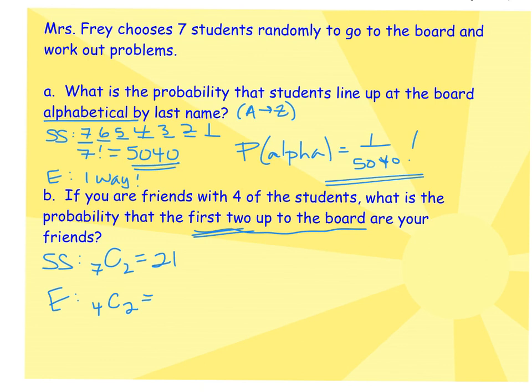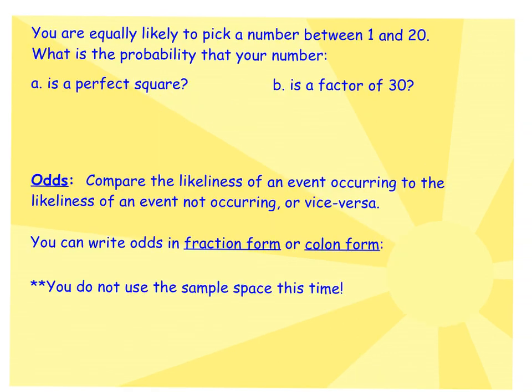And that number is smaller because they're smaller n value. There's only 6 groups of 2 that you could create from your 4 friends. Therefore, the probability that the 2 students that would be up at the board first are 2 of your friends is just 6 out of 21, or 2 out of 7. Event size divided by sample space.